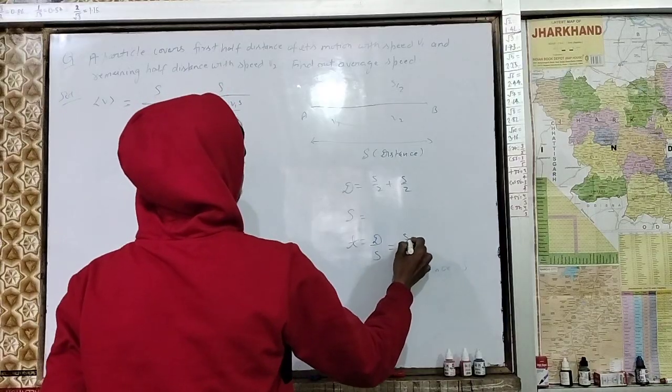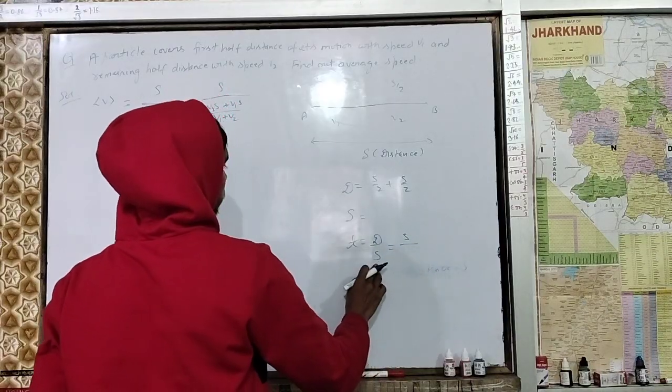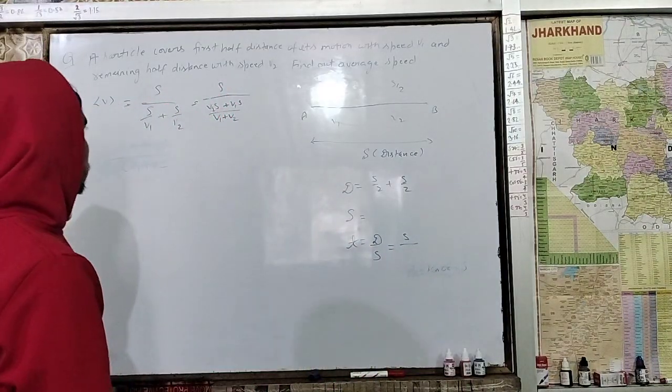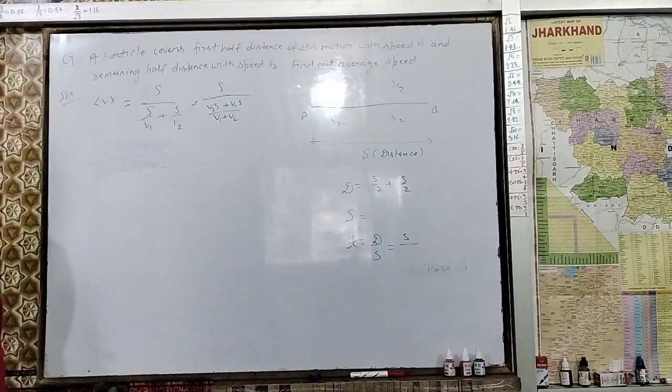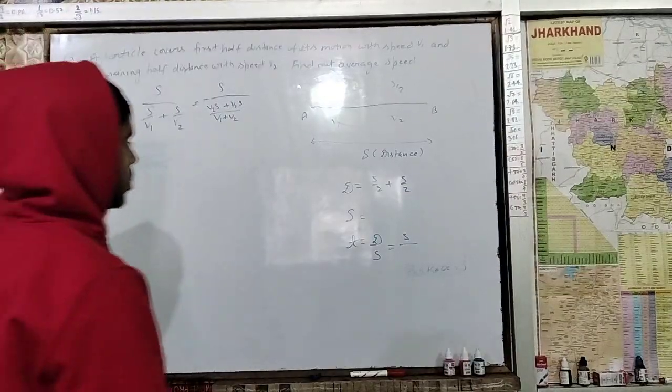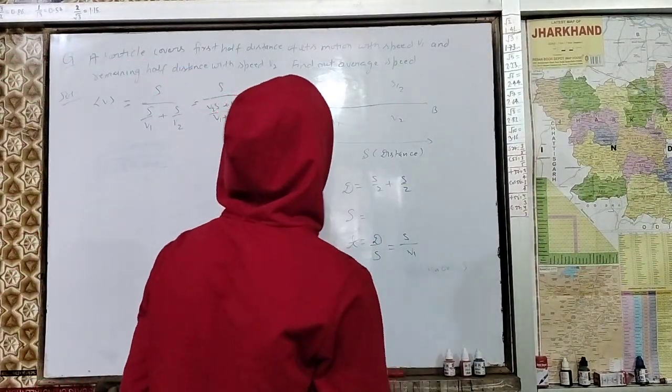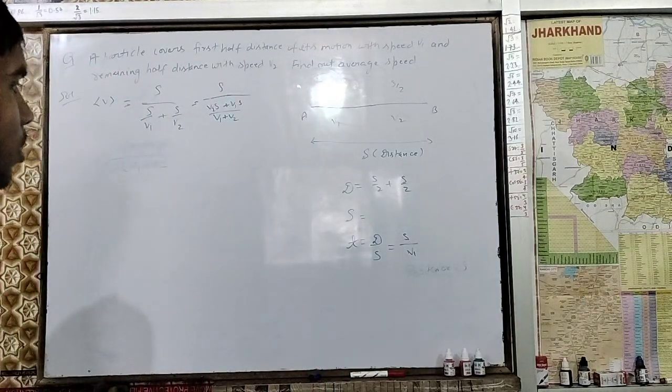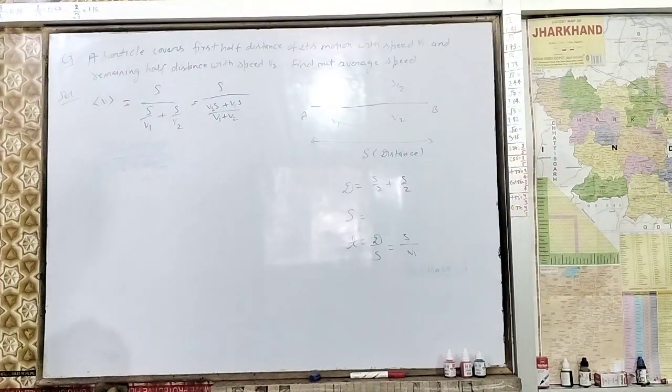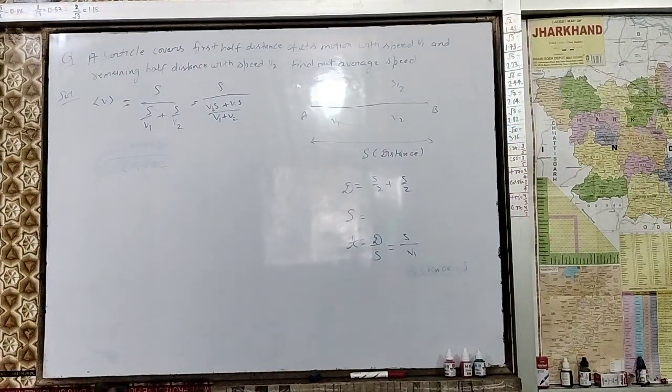The distance is s upon 2 and the speed is v1.